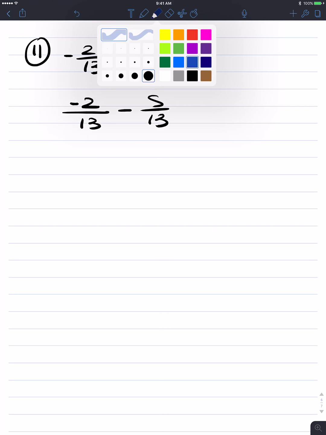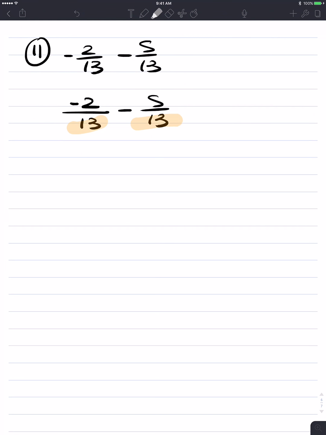Number 11. Negative 2 over 13 minus 5 over 13. I'm going to write this with my negative sign on top for that negative 2. And notice again, we have like fractions, the same denominator. So I can subtract negative 2 with 5, keep that over 13.